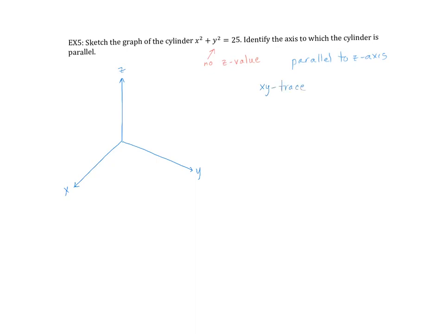To find the xy trace, we let z equal 0. And I have x squared plus y squared is equal to 25, which is a circle. The center is 0, 0, and it has a radius of 5.